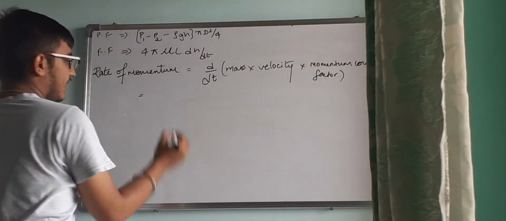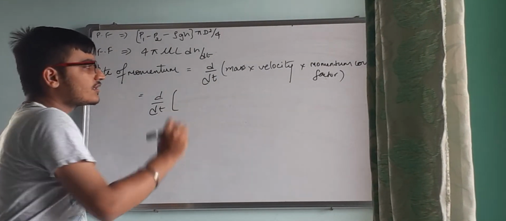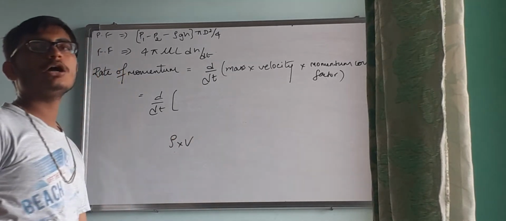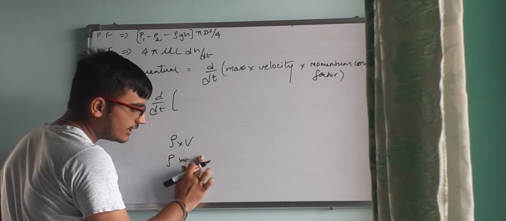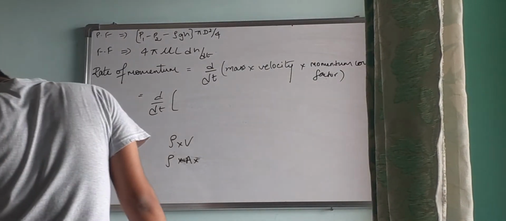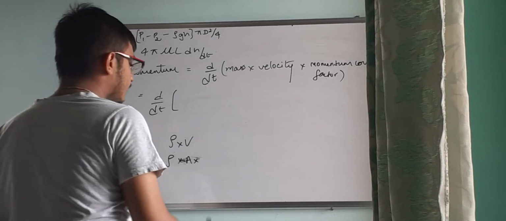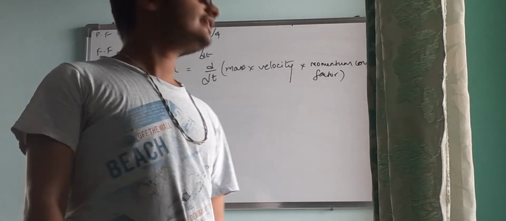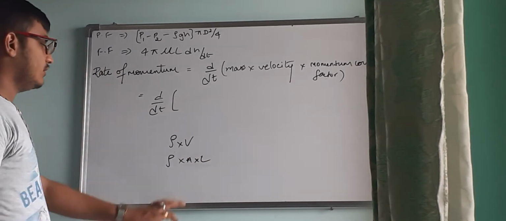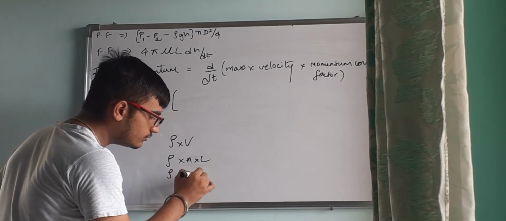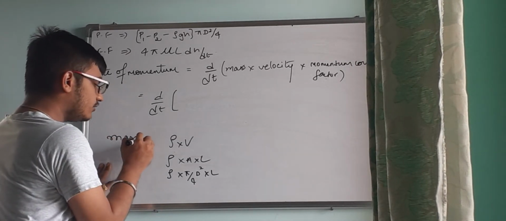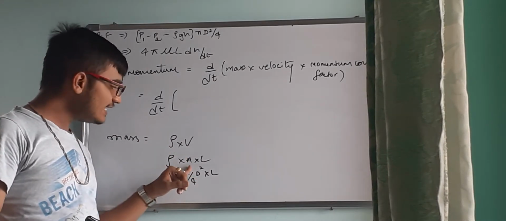So d by dt of mass into velocity. Mass is equal to density into volume, and volume can be written as area into length.